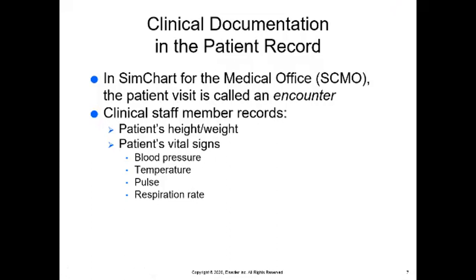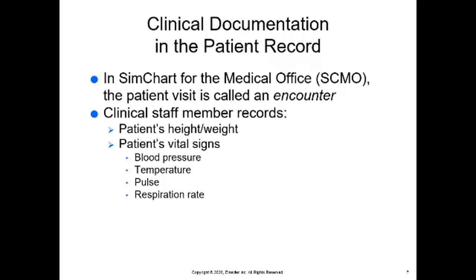Clinical staff members record patient's height, weight, vital signs, blood pressure, temperature, pulse, and respiration rate. I want you to understand that you are administrative staff, not clinical staff, unless you've been cross-trained. You need to make sure that you're staying in your scope of practice when you start your job at your facility, and that you look at your job description and make sure that you're qualified for everything that they've asked you to do.